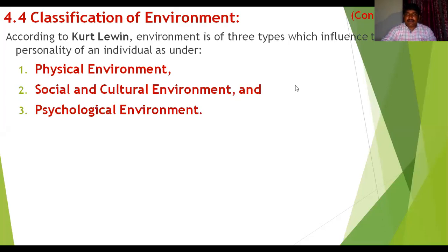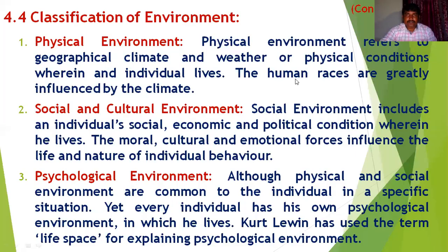Social and cultural environment, and 3. Psychological environment. The physical environment refers to geographical climate and weather or physical conditions wherein an individual lives. The human races are greatly influenced by the climate.